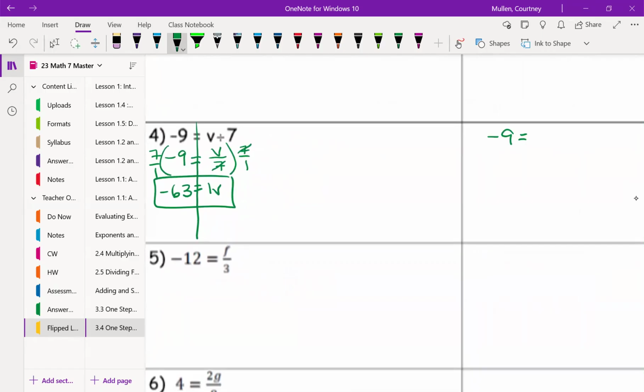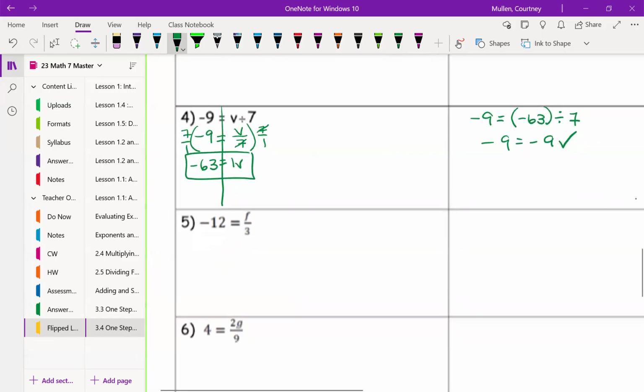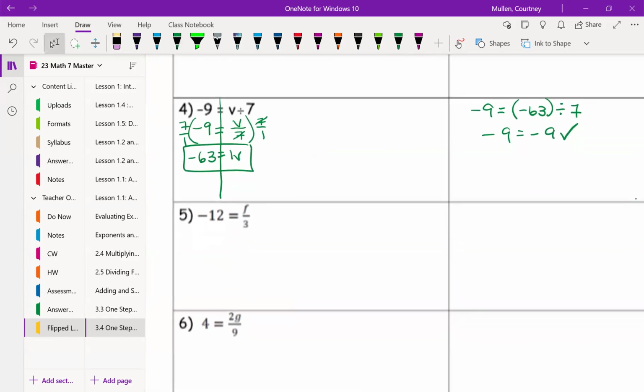Our check. We have -63 as our variable substitution. And so once again, we did this problem correctly. You try number 5 on your own.